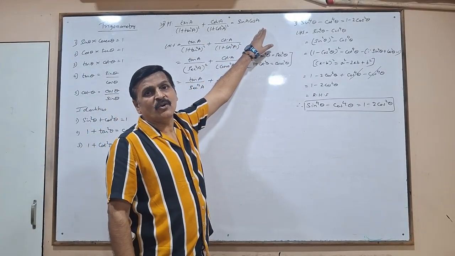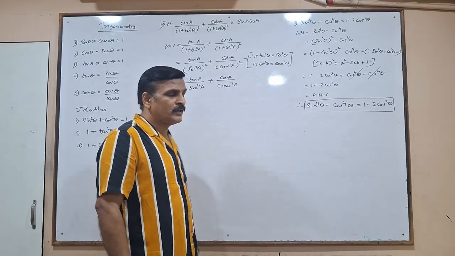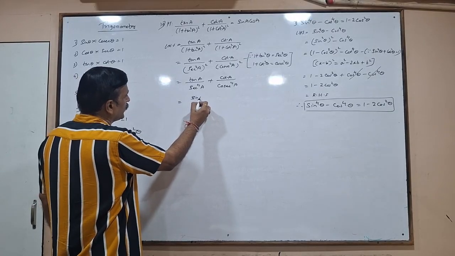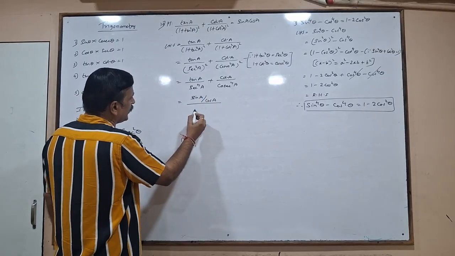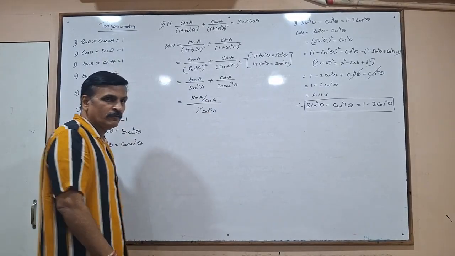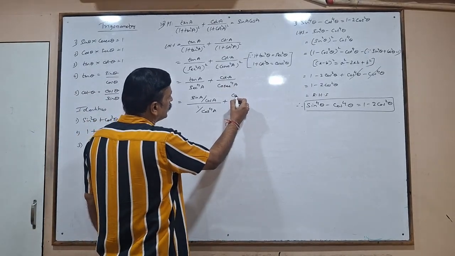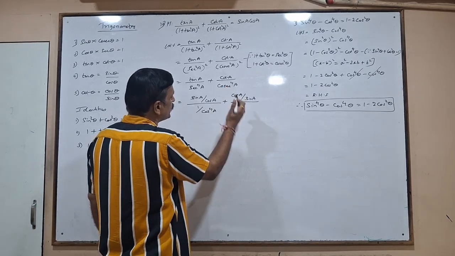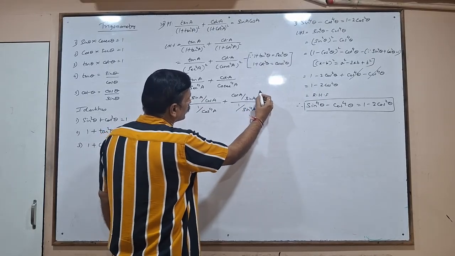RHS is sin and cos. So obviously I convert everything to sin and cos. Easier for me to simplify. What is tan? It is sin upon cos. What is sec raised to 4? 1 upon cos raised to 4. Reciprocal. What is cot? Cos upon sin. What is cosec raised to 4? 1 upon sin raised to 4.